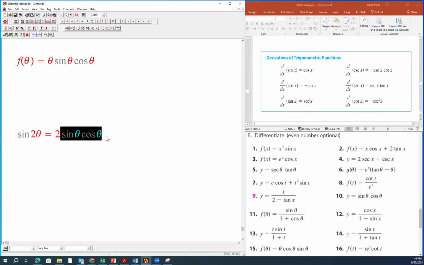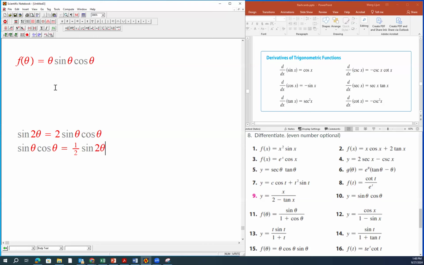Okay, this way, sine theta times cosine theta equals to half of sine. Oh, wait a minute. We need to do this with chain rule. Never mind. Okay, so when we learn chain rule, come back to do this question.